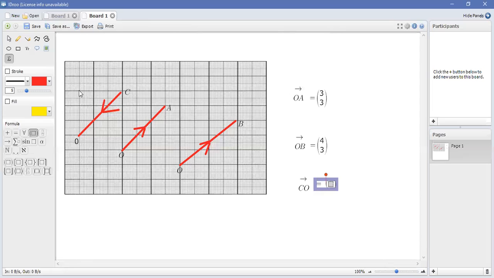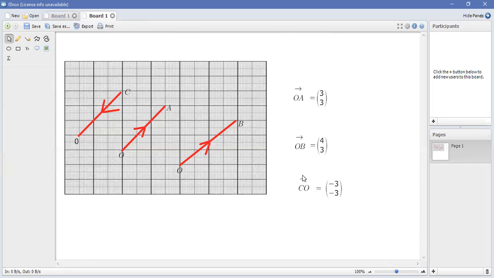All right. Coming down now, 1, 2, then 3. So it's 3 and 3. But what is special about it is a -3 over a -3. Why is that? Because of the direction.